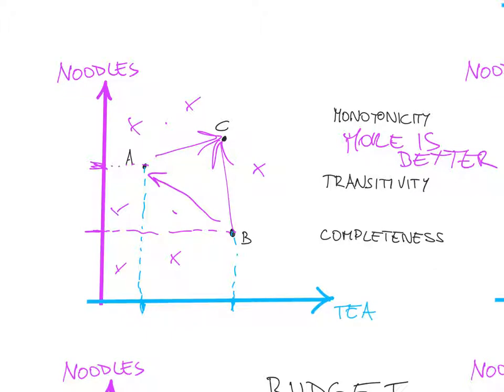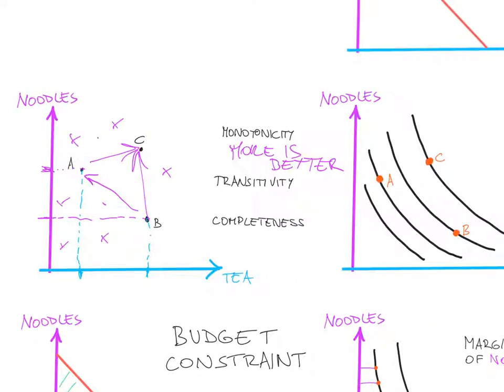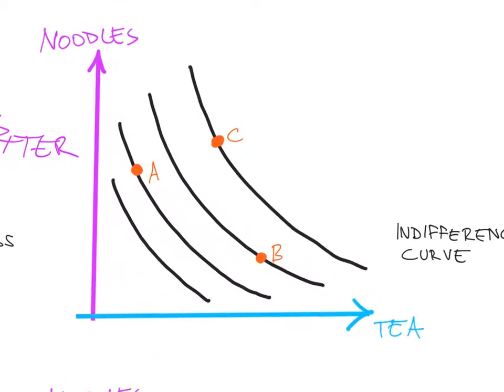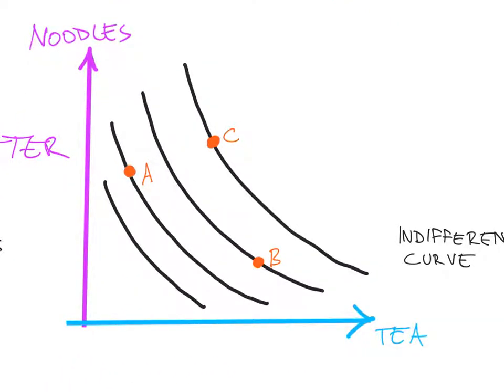We have all those points. We need to indicate what's preferred to what. And there's a really simple and intuitive graphical way of doing that, and that's using indifference curves. I can show you what your preferences look like in the plane by just drawing a bunch of points that are indifferent to each other.